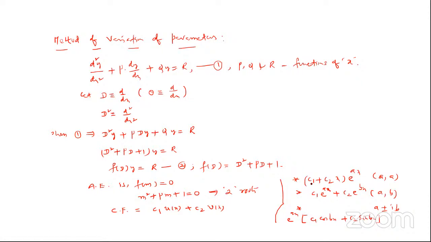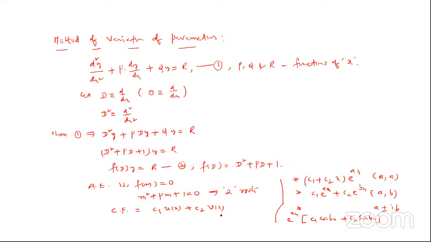In the first one, c1 into e power ax is c1 into some function of x, and c2 into x into e power ax is c2 into v of x. In the real and distinct case, c1 into e power ax, c2 into e power bx, generally viewed as c1 into u of x plus c2 into v of x. The complex form also has c1 into something plus c2 into something.